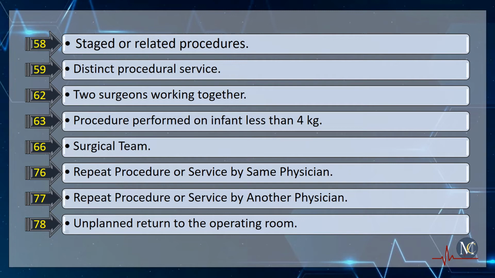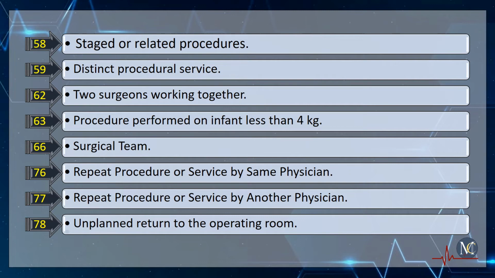The CPT modifier 76 is used to indicate a repeated or subsequent procedure by the same physician on the same day or during the same session. The CPT modifier 77 is used to indicate a repeated or subsequent procedure by another physician on the same day or same session.